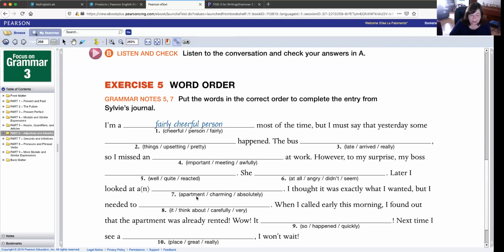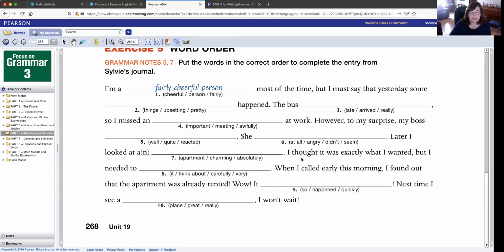Okay, apartment is a noun. Think about is verb. So they're either giving you a noun or verb that you have to describe. Then you're going to be using adjectives in some cases, and also adverbs. Okay, let's do one here.